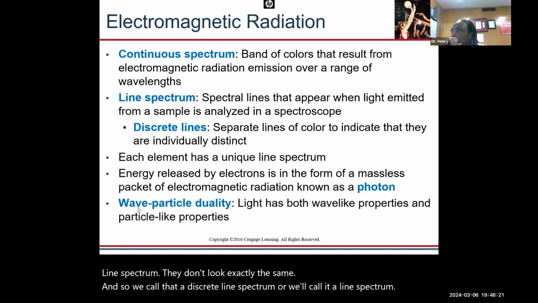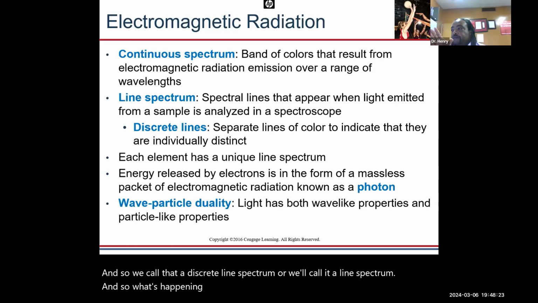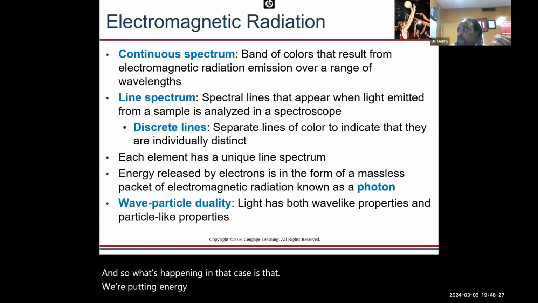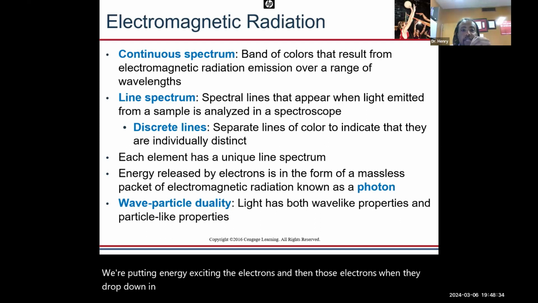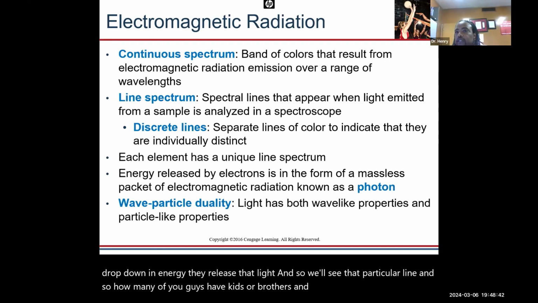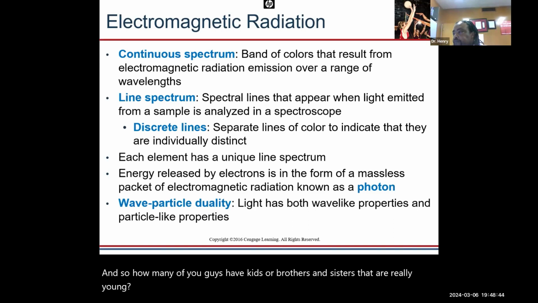What's happening in that case is that we're putting in energy, exciting the electrons. Then those electrons, when they drop down in energy, release that light, and so we see that particular line. How many of you have kids or brothers and sisters, or nieces and nephews that are really young?